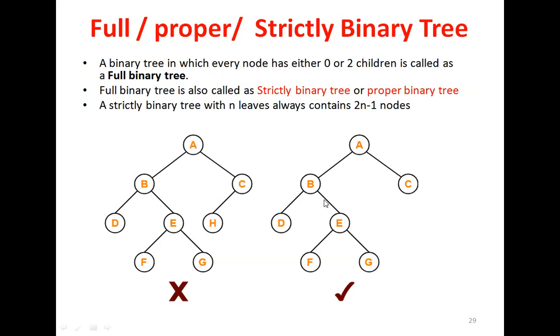But this tree is a strictly binary tree, because if you take any node in this tree, every node has either 0 children or 2 children. Take node A, it has two children, B and C. Then take C, how many children does it have? 0. Take node B, how many children? 2. Take node E, how many children? 2. So this tree satisfies the property.